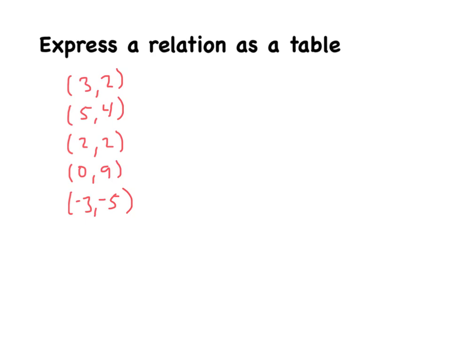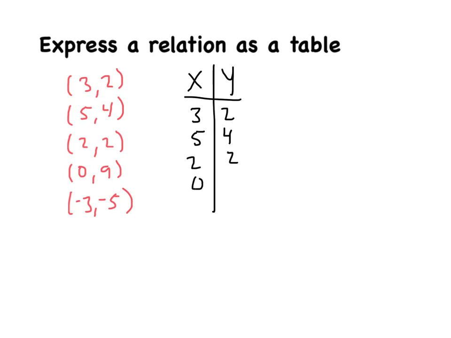Alright, so if the book or anything is asking you to express a relation as a table, it's not really that hard. You can make a table 2 ways. Make the table vertically, with x on the left side, y on the right side. So all you have to do is just bring it in: 3, 2; 5, 4; 2, 2; 0, 9; -3, -5.